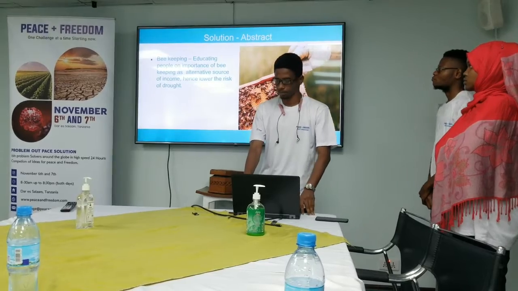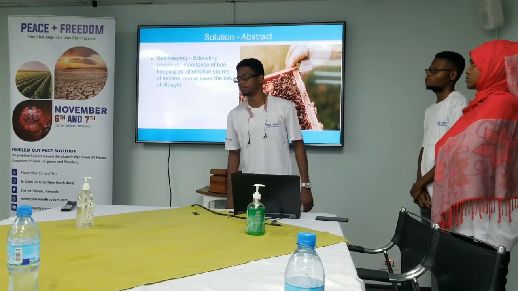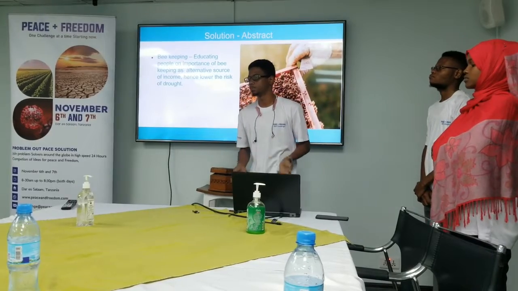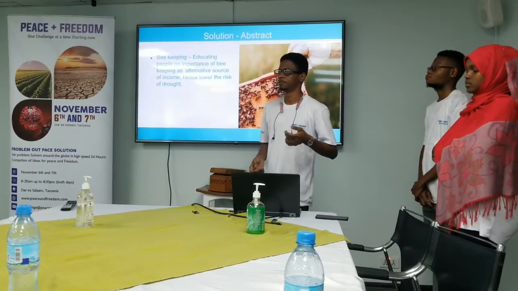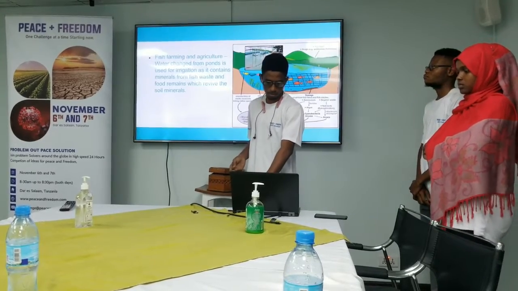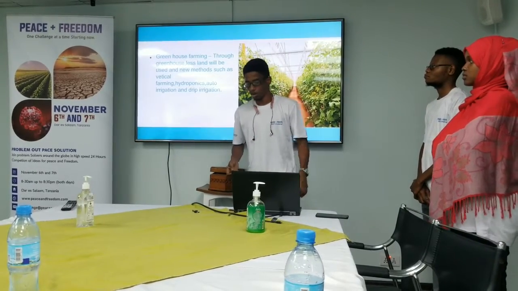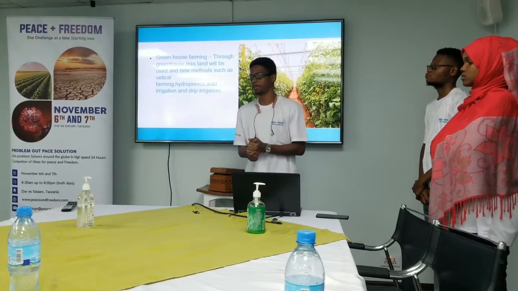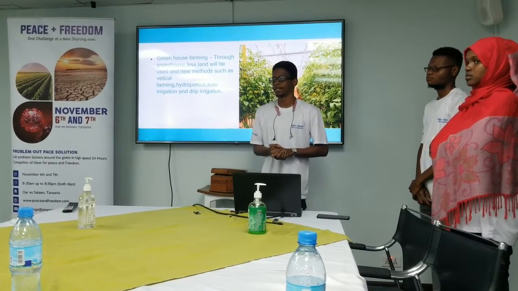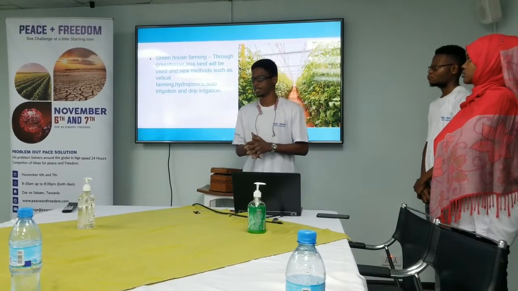Among the solutions we came up with to solve the problem of drought were beekeeping, fish farming, together with greenhouse farming. Beekeeping is mainly targeted at those who practice deforestation.